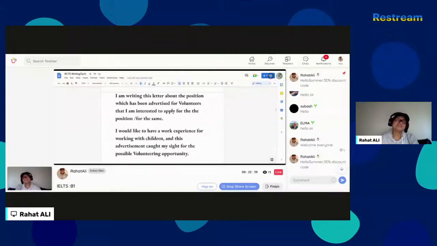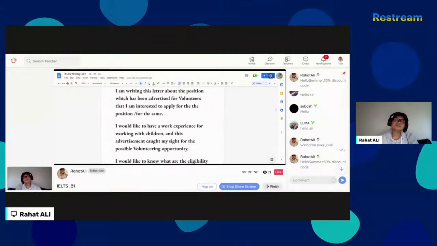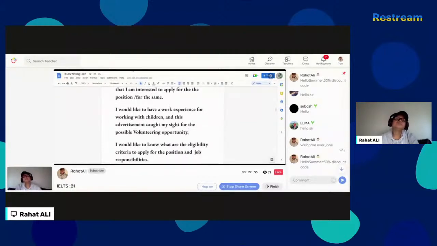So look at the sentence pattern. I would like to have a work experience for working with children, and this advertisement caught my sight for the possible volunteering opportunity.